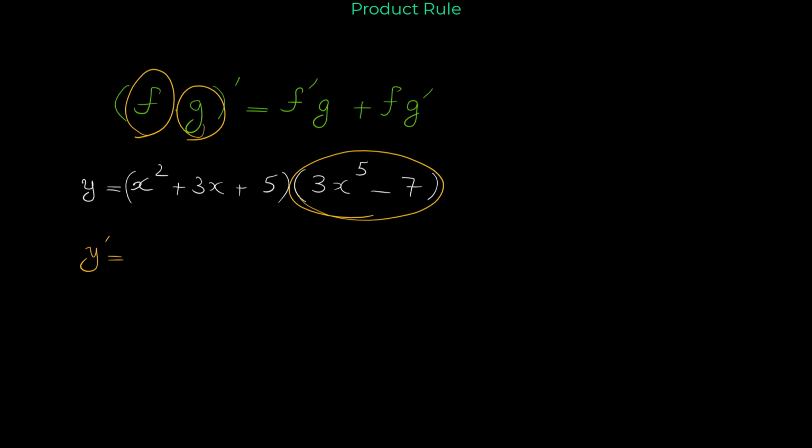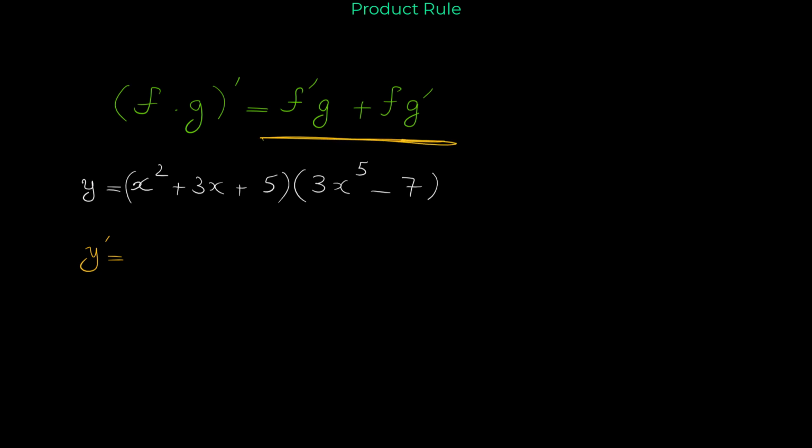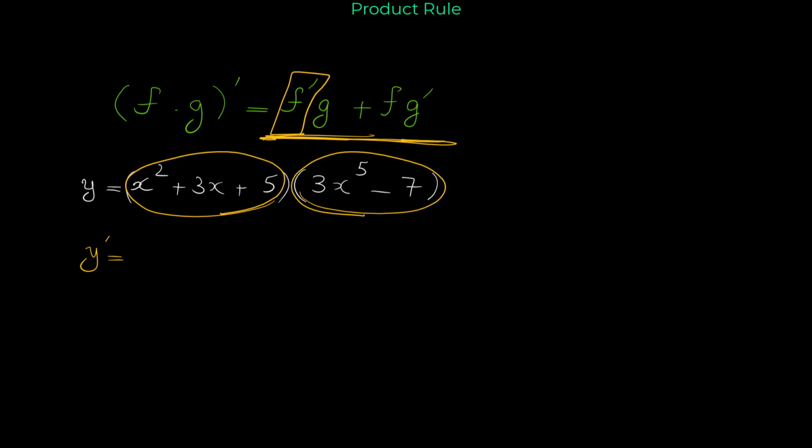For finding the derivative of this function, based on the product rule, we have to find the derivative of f. Attention to this rule. The derivative equals f prime. F is the first function, g is the second function. So first we have to find only the derivative of f, the derivative of the first function.